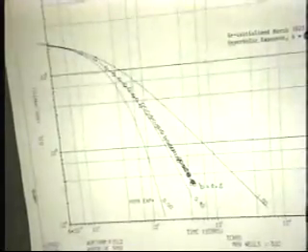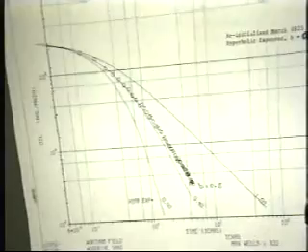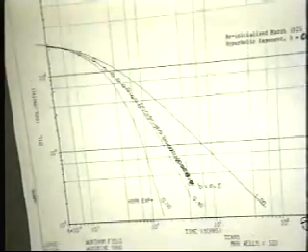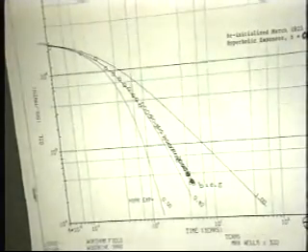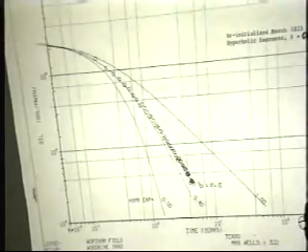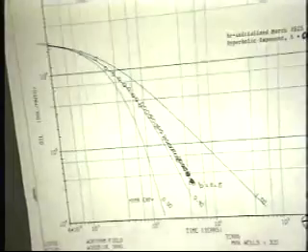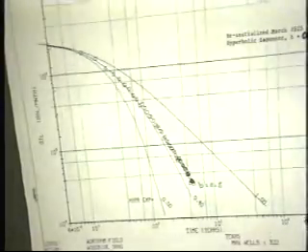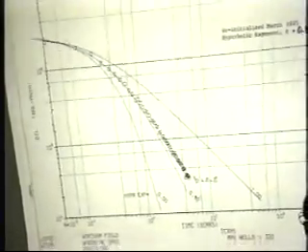Arps' example that he has in his original paper of a hyperbolic is a well with a B of 0.5. When you dig into it, it's from the Arbuckle in Kansas, which is a carbonate, which is full water drive. It's a B of 0.5.